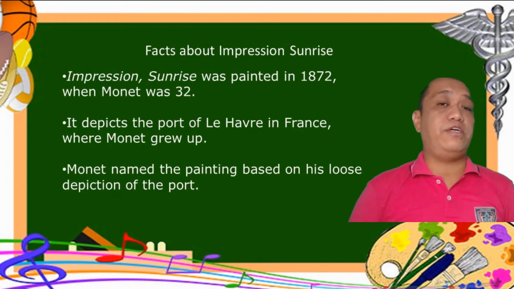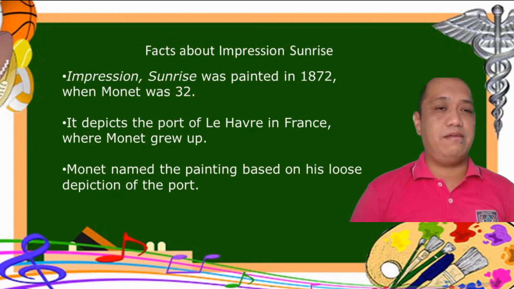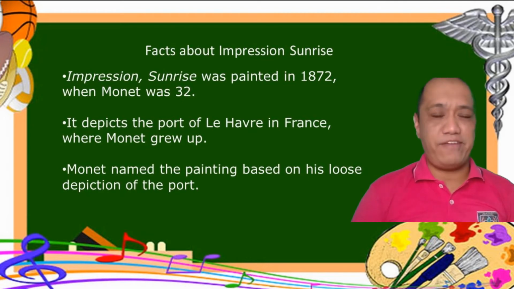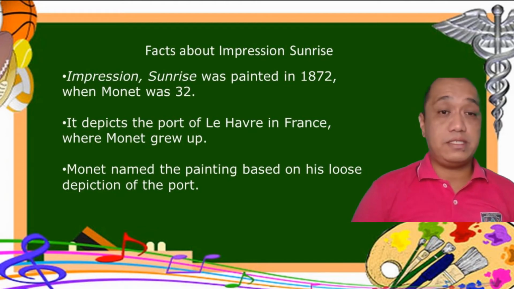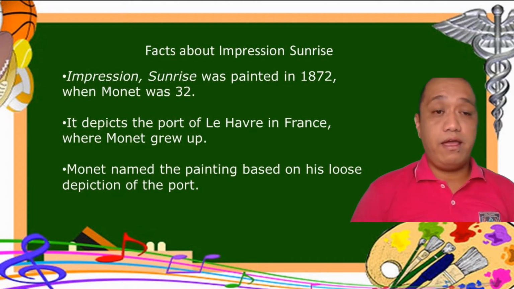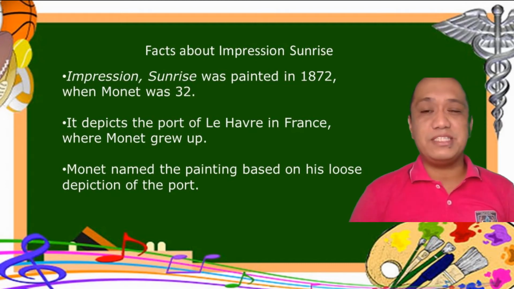Here are some facts about Impression, Sunrise. It was painted in 1872 when Claude Monet was 32 years old. It also depicts the port of Le Havre in France, where Monet grew up. Monet named the painting based on his loose depiction of the port.